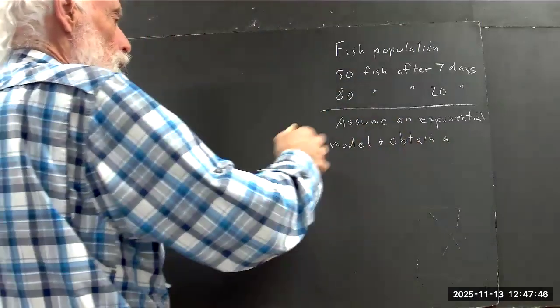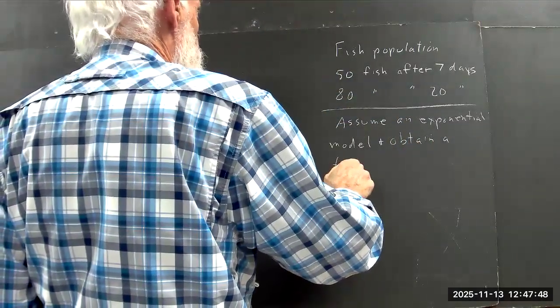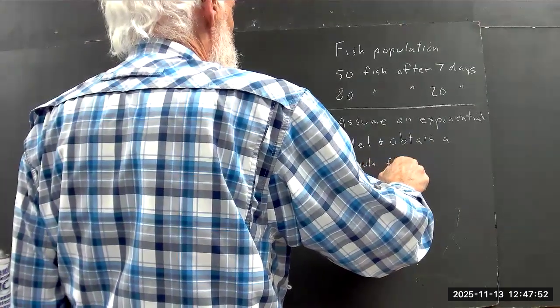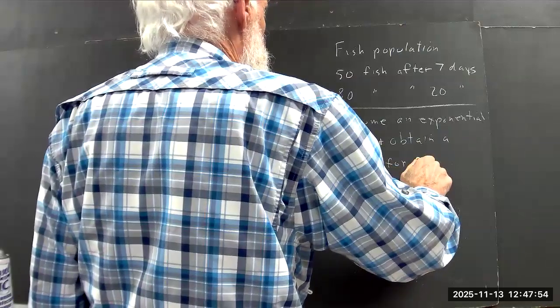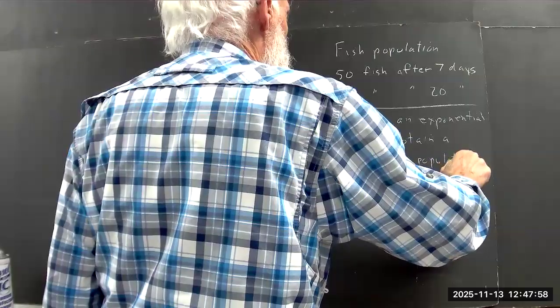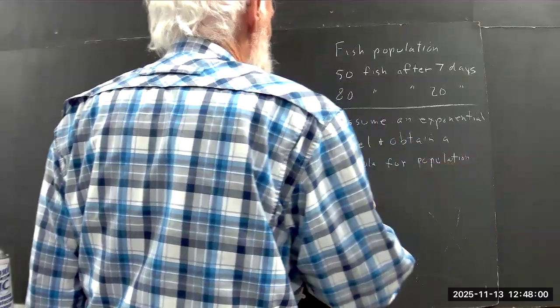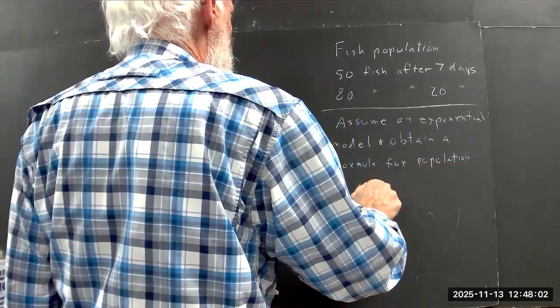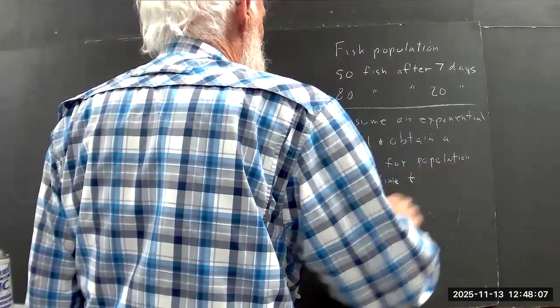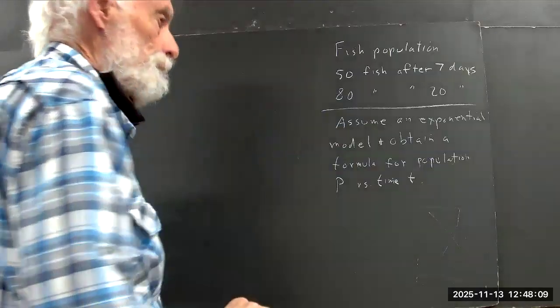Assuming an exponential model, you can obtain a formula for population P versus time T.